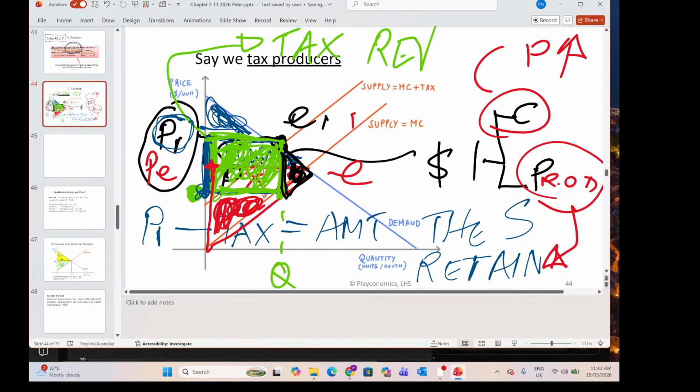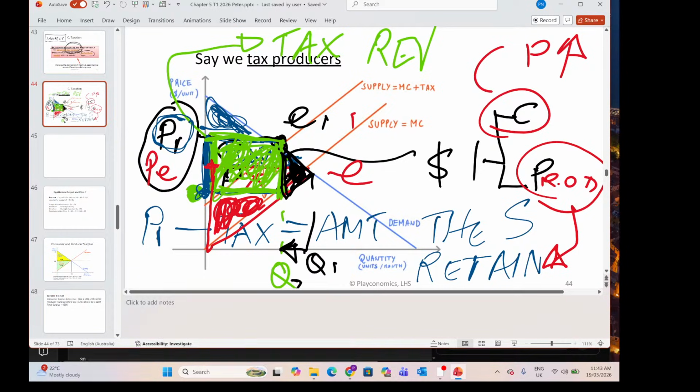What comment could we make about this black rectangle? First of all, that black rectangle is the product of the quantity being supplied falling. So these goods between Q1 and Q2 no longer exist. So that area of surplus has disappeared. The consumers are not getting consumer surplus. They're not able to buy it. So the consumers have lost that area. The producers have lost the sales from that area.